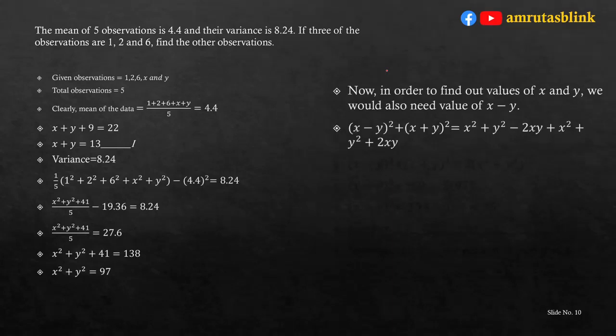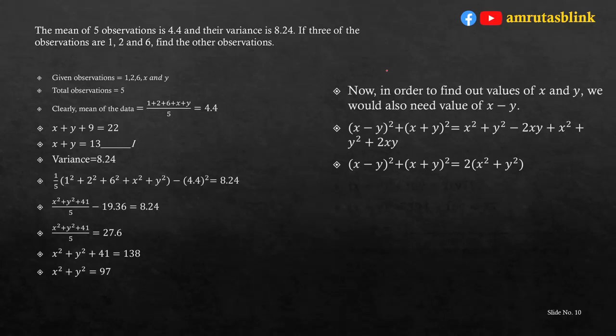Now, if we add x minus y bracket square and x plus y bracket square, what will it be? X minus y bracket square will be x square plus y square minus 2xy, and x plus y bracket square is x square plus y square plus 2xy. So, minus 2xy and plus 2xy will get cancelled, and we want that because we do not have the value of the product xy.